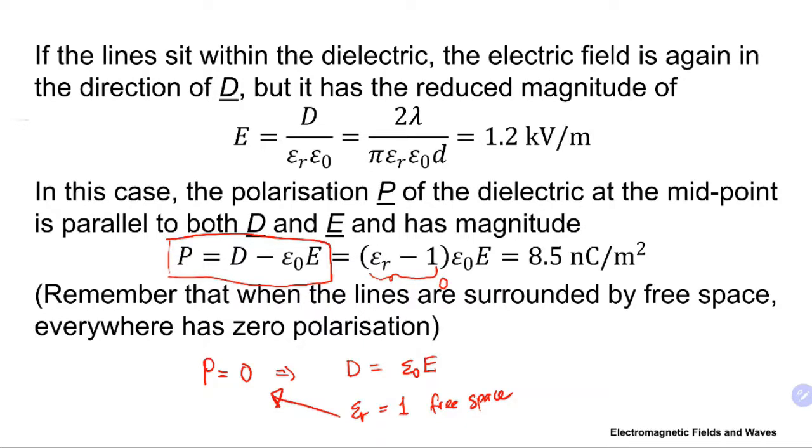Epsilon r equals 1 in free space, therefore polarization equals 0, and therefore D will be equal to epsilon naught times E. Okay, so that is that example that I gave you at the end of the last lecture. That was a while back, I think about 3 weeks ago.